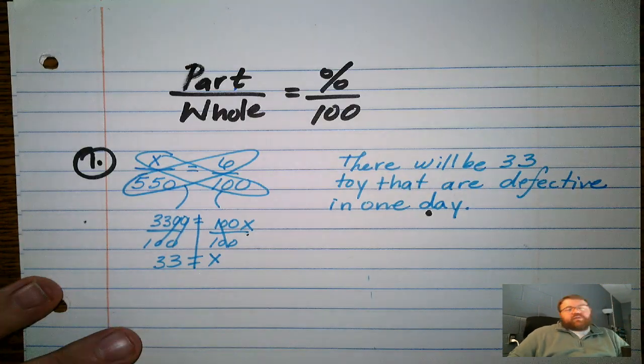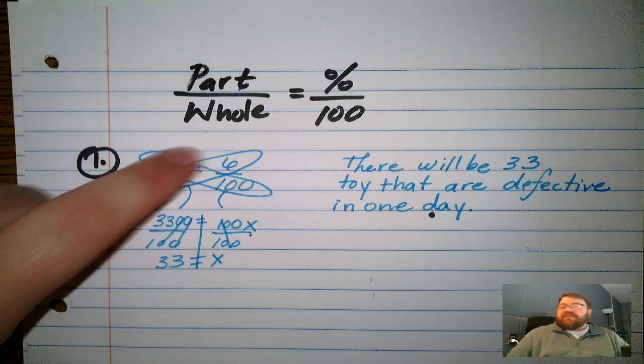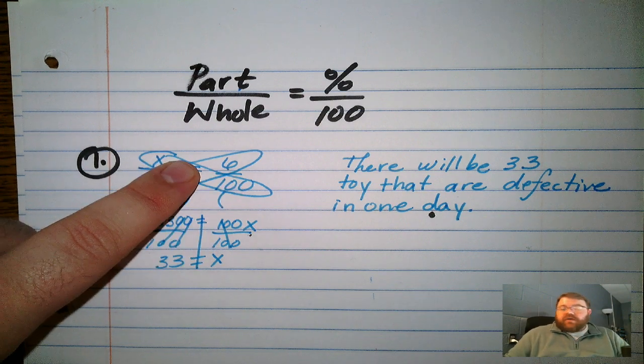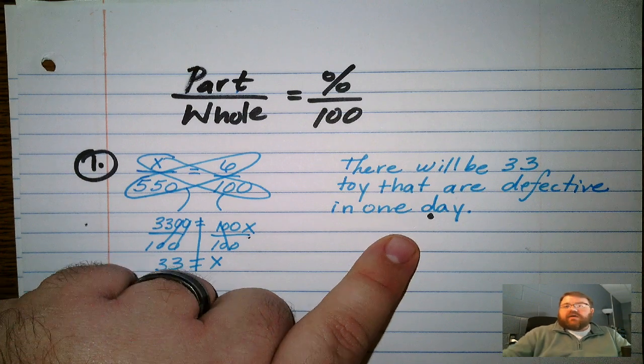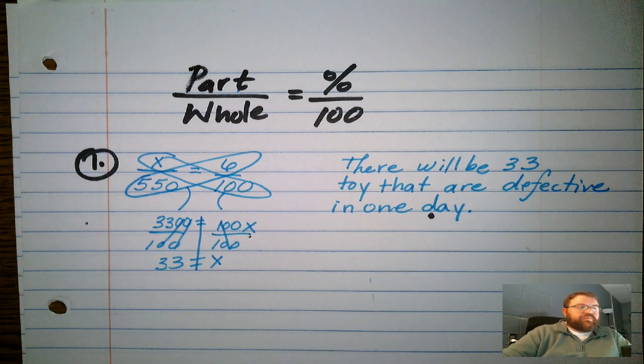Okay? And that's what we're looking for. Again, you may solve this differently, but you still should have gotten 33 as your answer, and you would still need a sentence explaining what that 33 means.